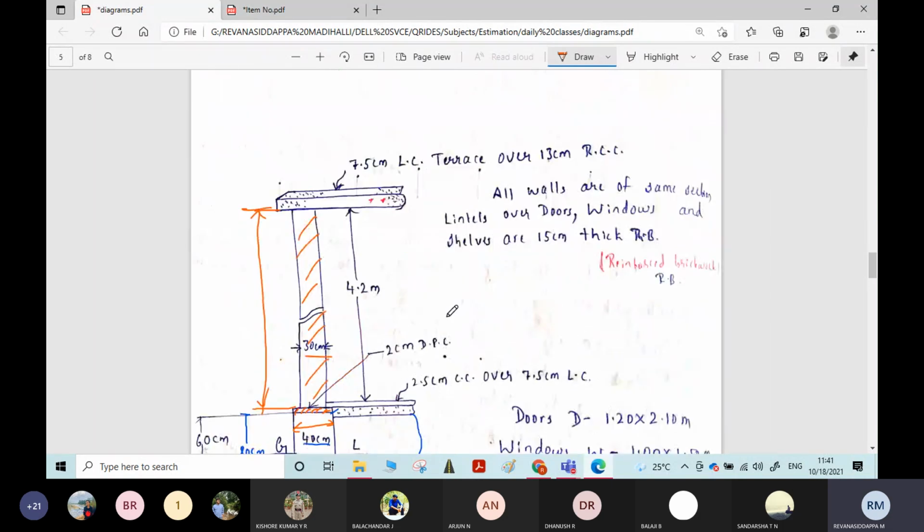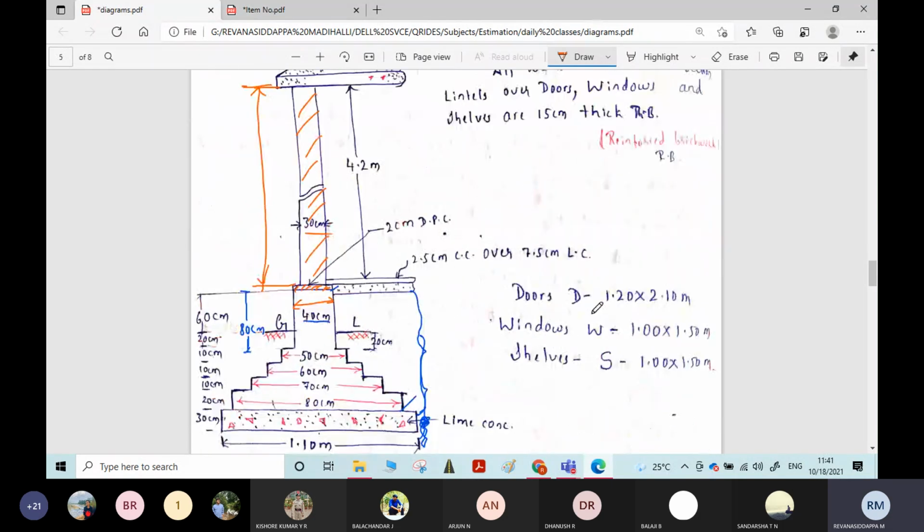Here you can see the door dimensions are given. 1.2 meter by 2.1 meter means 1.2 meter is the length and 2.1 meter is the height.